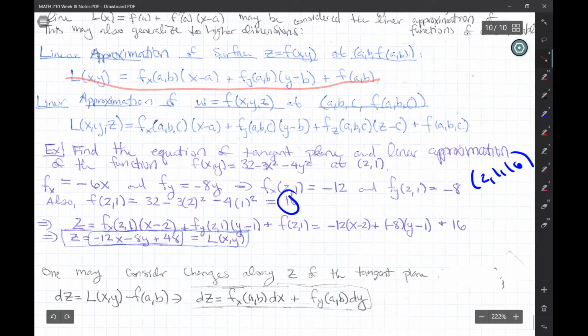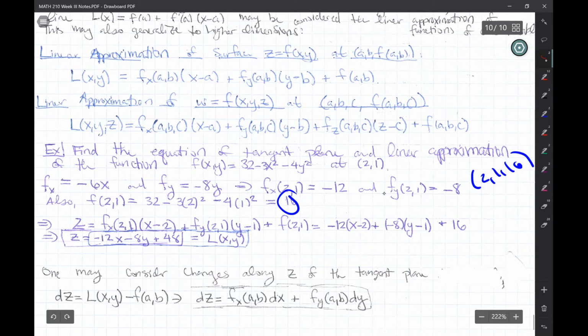Here's the linear approximation, which is again the same as the tangent plane if you just write z instead of L there. And you need to compute the partial derivative with respect to x. That's minus 6x, and the partial derivative with respect to y.